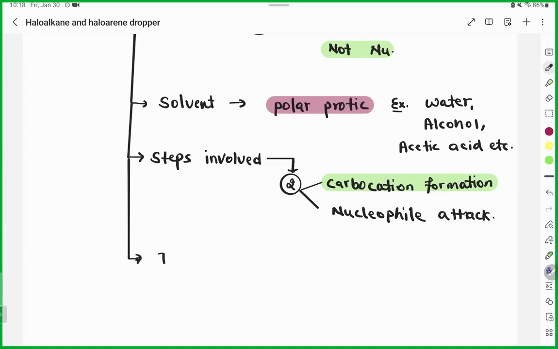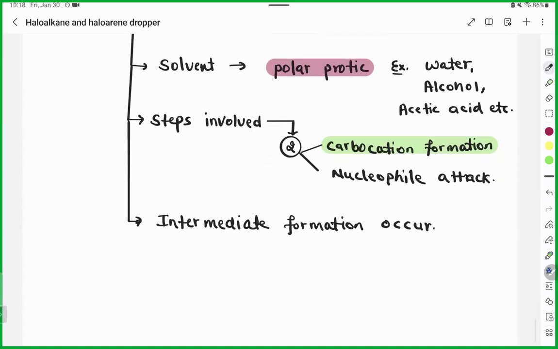No, sir. But here intermediate formation occurs. Sarah, in case of SN2 reaction, was there inversion of configuration?